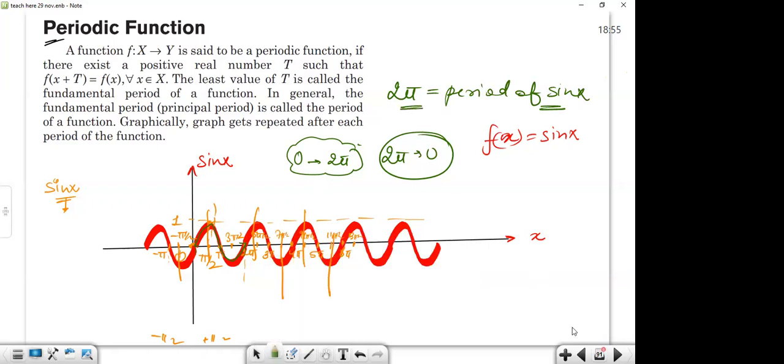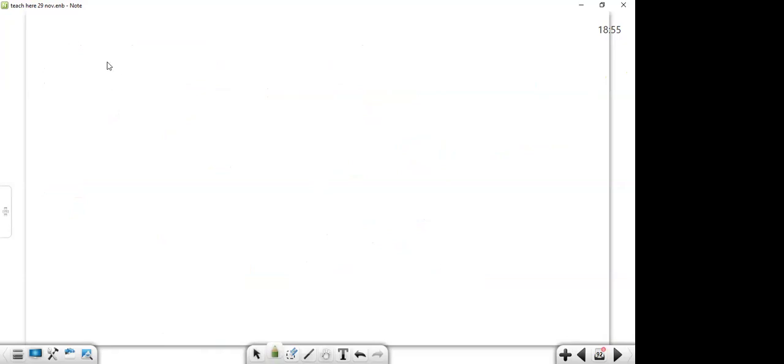Now what is the significance of this? The significance of the period: if we write f of x, then the value of f at x is equal to the value at x plus T, where T is a period. Let's understand from this.